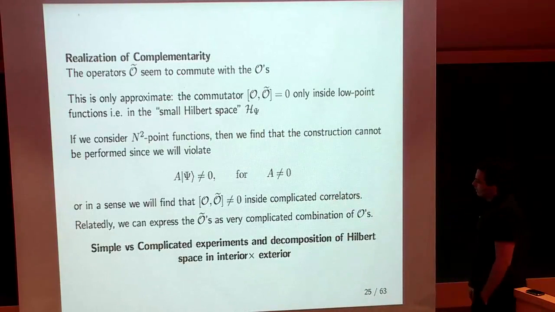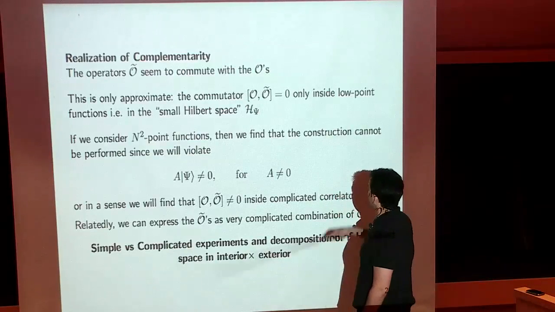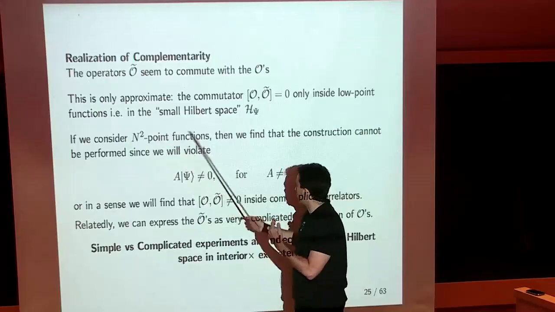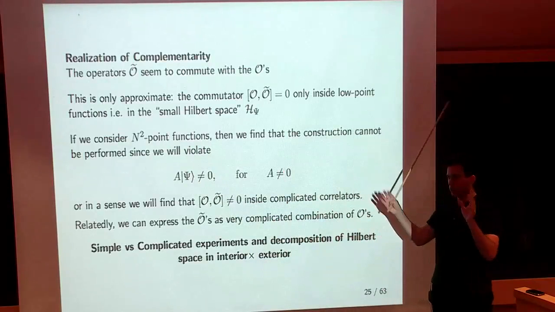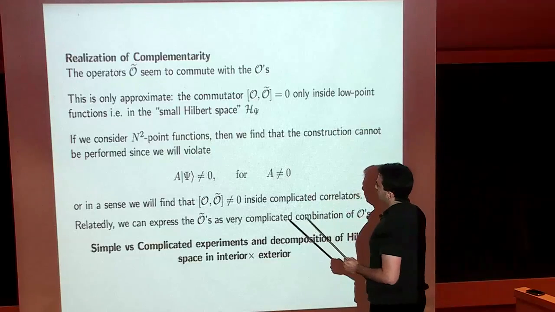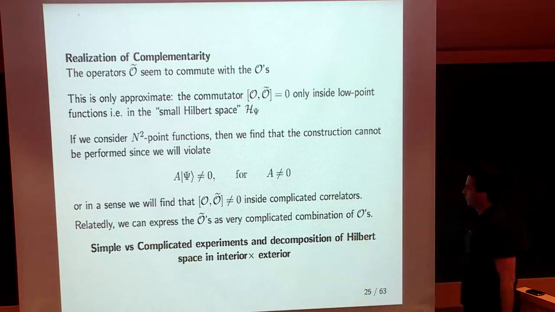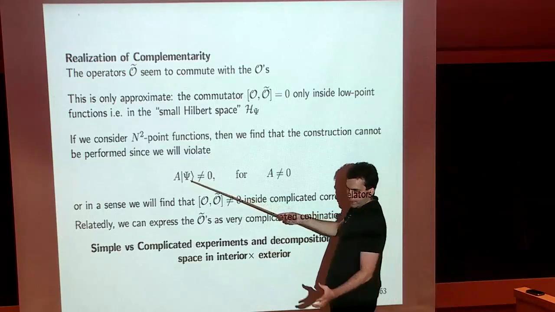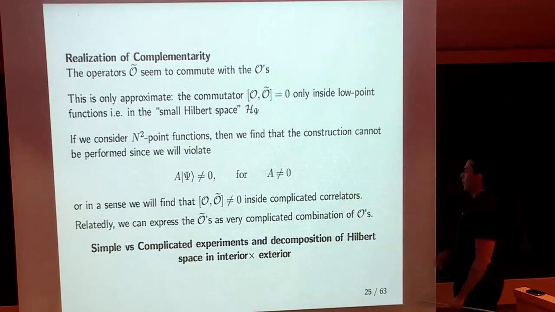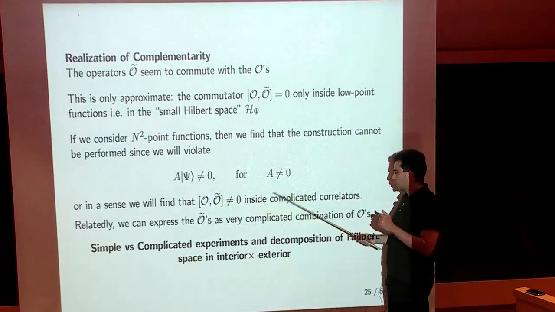And if you really want to think about the fundamental commutator between O tilde and O, then you can also consider, let's say, N squared point functions. So you insert many operators O, which takes you outside your algebra A, and then you will discover that this construction that I described completely breaks down, because you can certainly annihilate a black hole microstate if you act with a complicated enough operator. Or relatedly, you can discover that O and O tilde fail to commute inside complicated correlators.